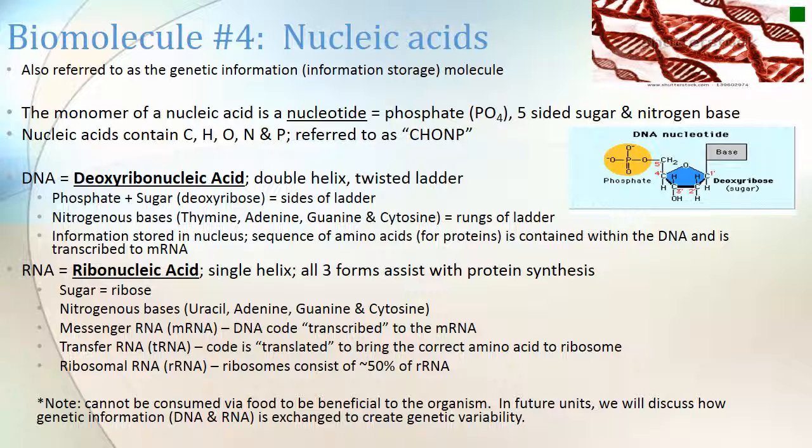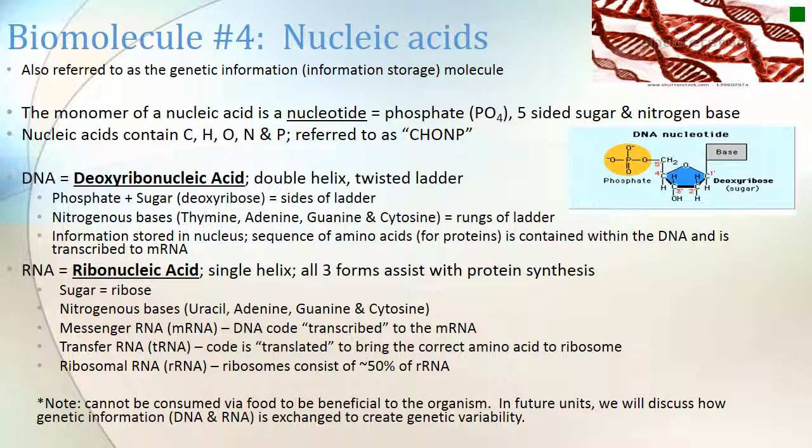And of course, if it's a nitrogen base, it's going to contain nitrogen, and the phosphate group contains phosphorus. So we refer to this in class with the acronym CHOMP. When you see those 5 elements, the only biomolecule to have 5 elements, C, H, O, N, and P, that is CHOMP. That is a nucleic acid.